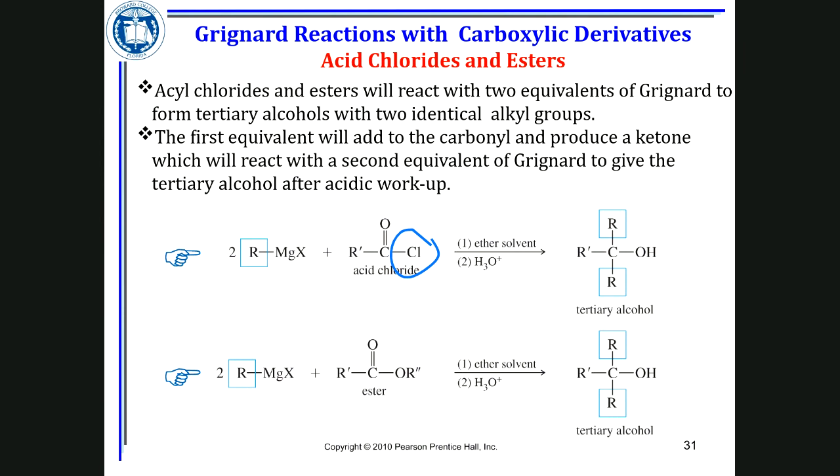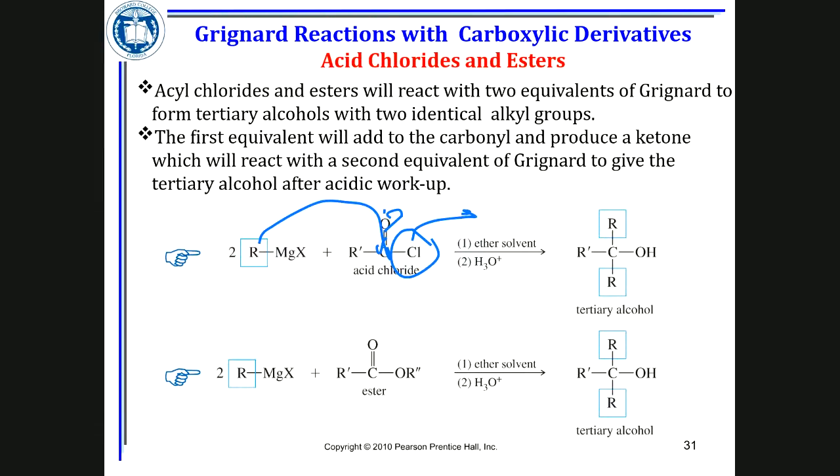When you have a leaving group, when the R group comes in, the leaving group is going to leave, so the pi bond regenerates.